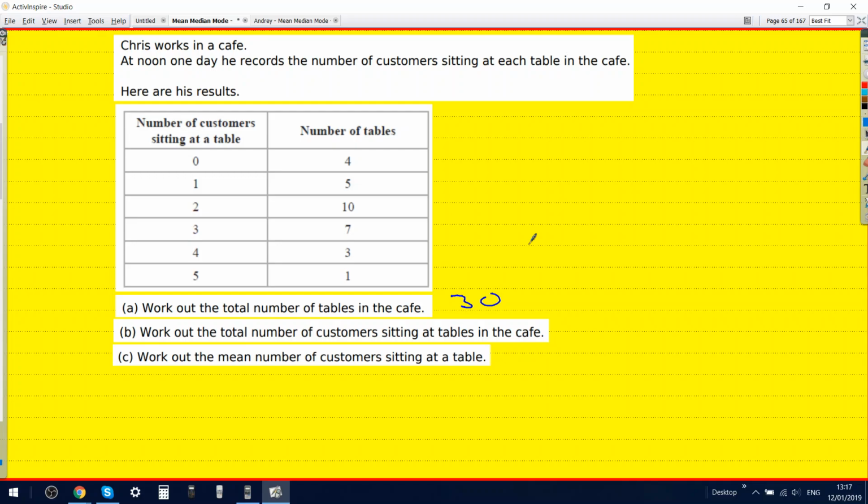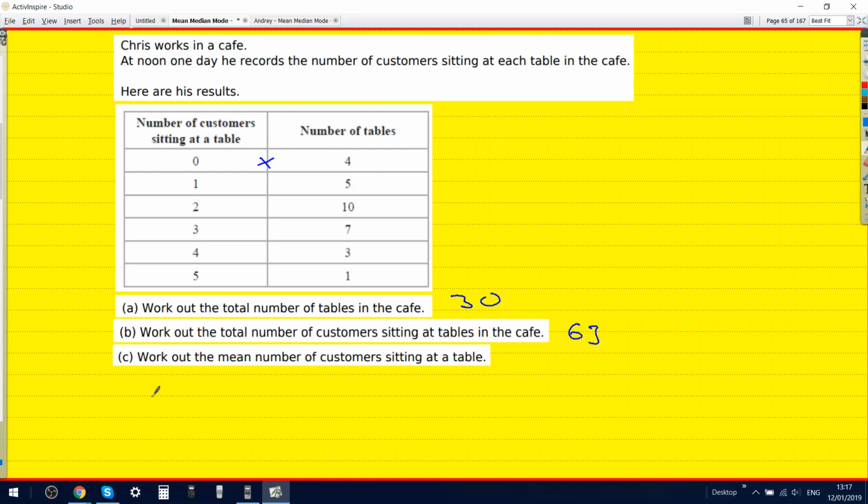So for the total number of customers, you just added up the categories. I'm not too sure. So this is the one where it's 0 times 4. Oh, okay. And then on the mean you divide it by how many? Yeah, so if you did that, you would get 63.